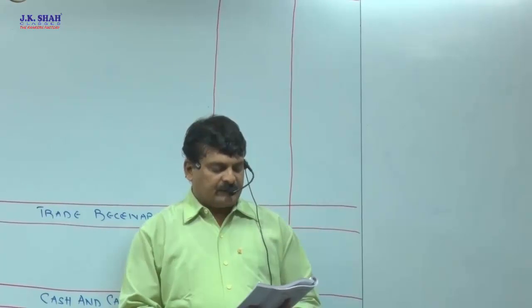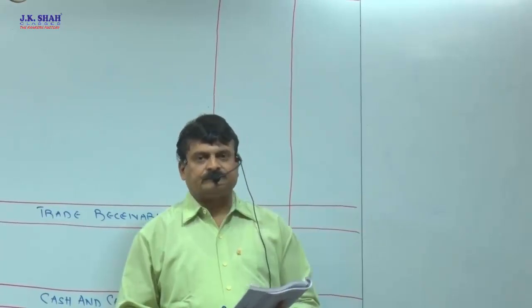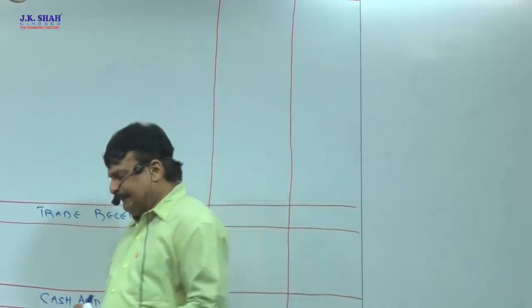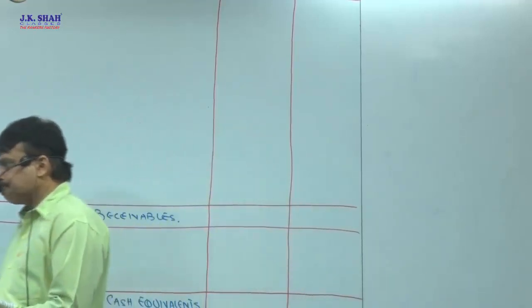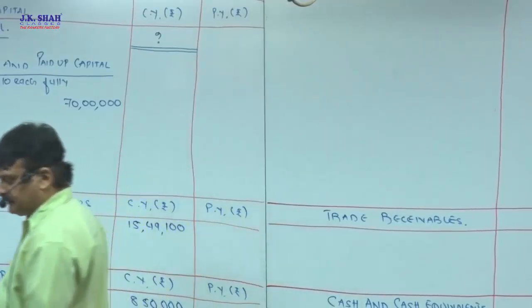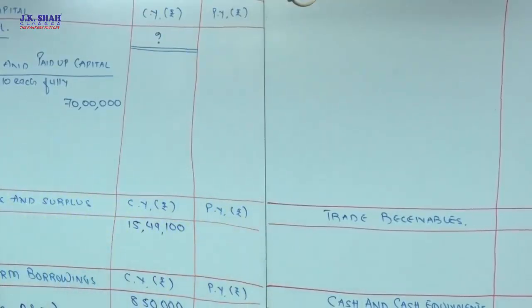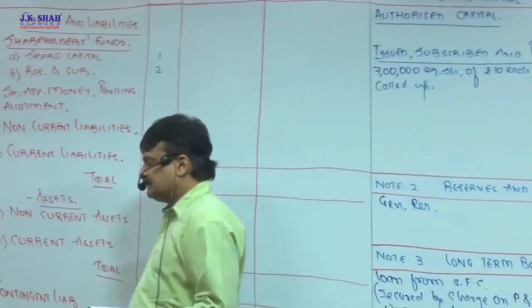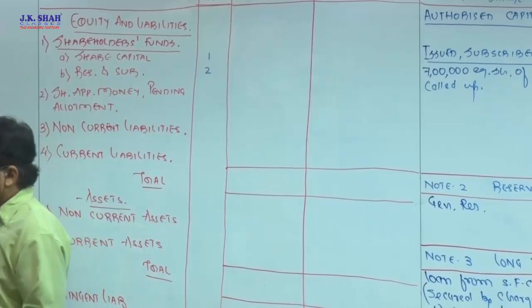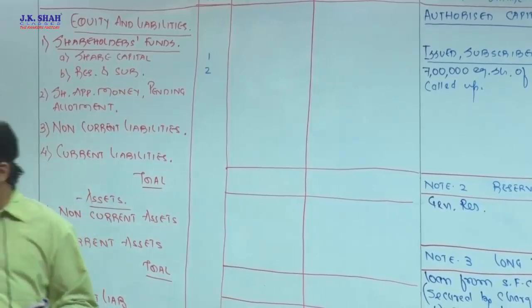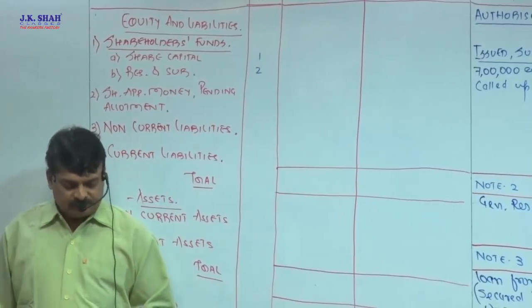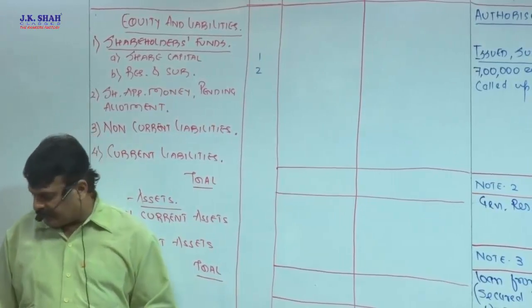Same place, proposed dividend, four lakh 20,000. Same place, provision for DDT, 71,400.